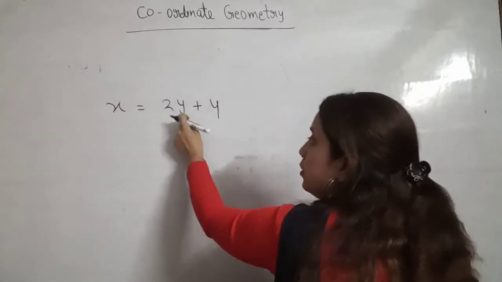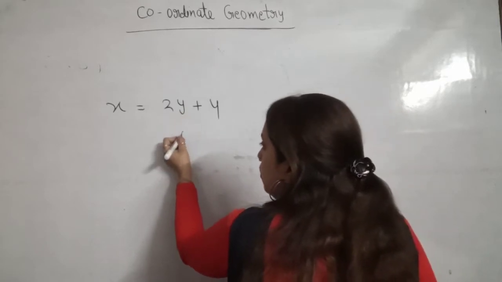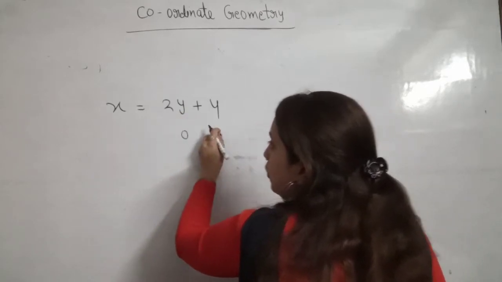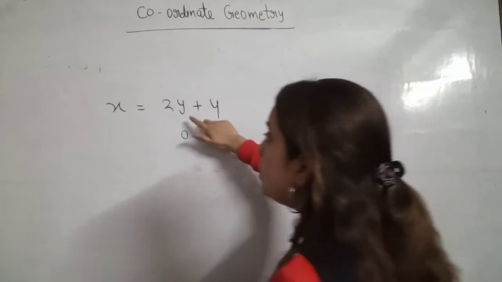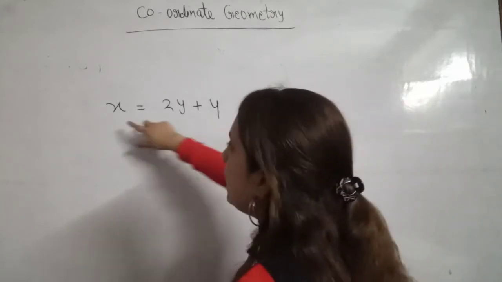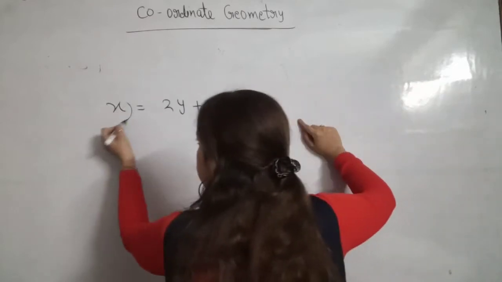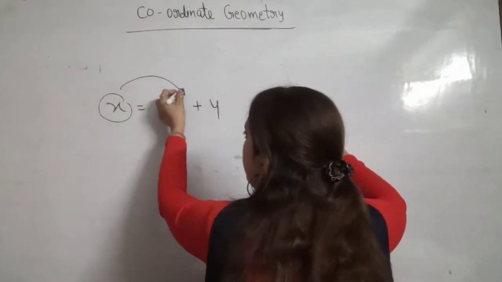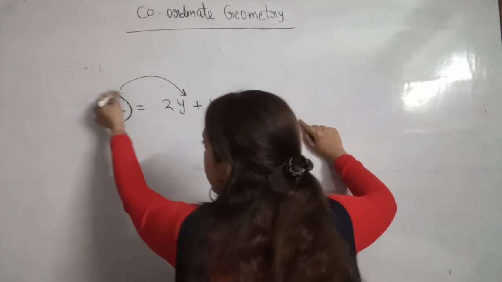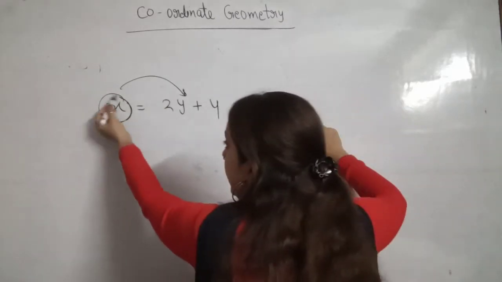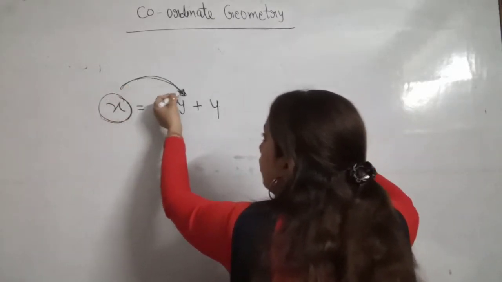If we put the value of y as 0, then x will be 4. And when we put the value of y as 1, then x will be 6. So the value of x depends on the value of y.